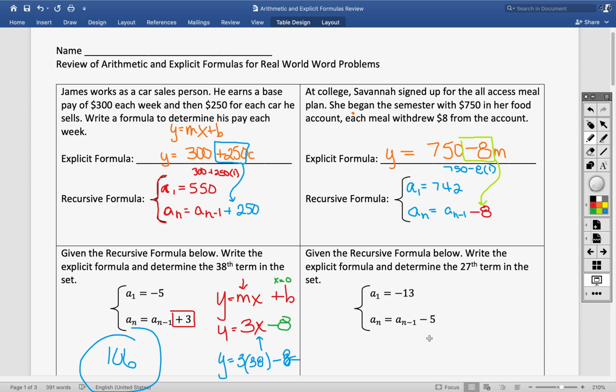So let's do this a little bit faster now. Again, this is our slope. So we're going to do y equals mx plus b, and as a reminder, the b is where x is equal to 0. So y equals negative 5x, and to find our b, we have to find where x is equal to 0. That means we are going to subtract a negative 5 from negative 13.